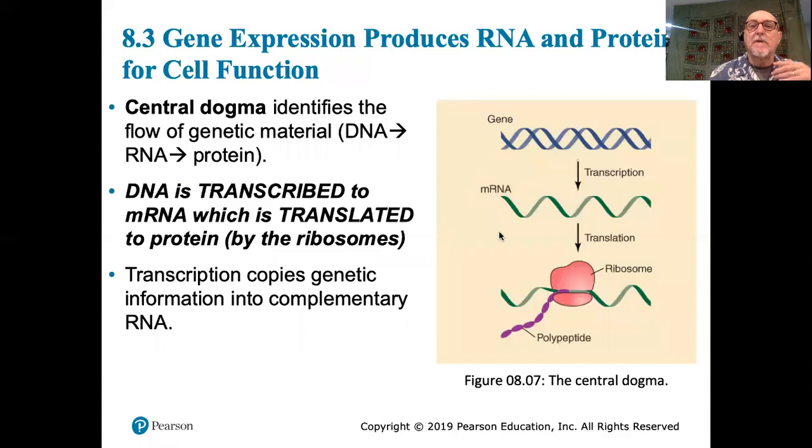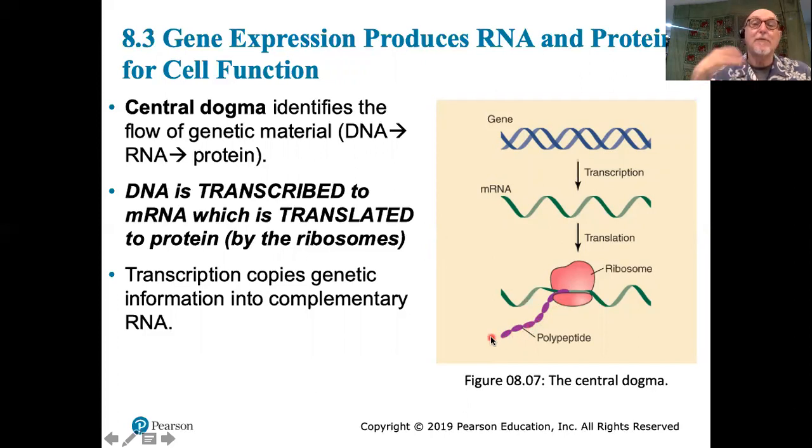And that is that DNA is transcribed to messenger RNA. That messenger RNA strand goes out to the cytoplasm, and the messenger RNA strand is translated by the ribosome to protein. So the ribosome is actually going to produce the protein.